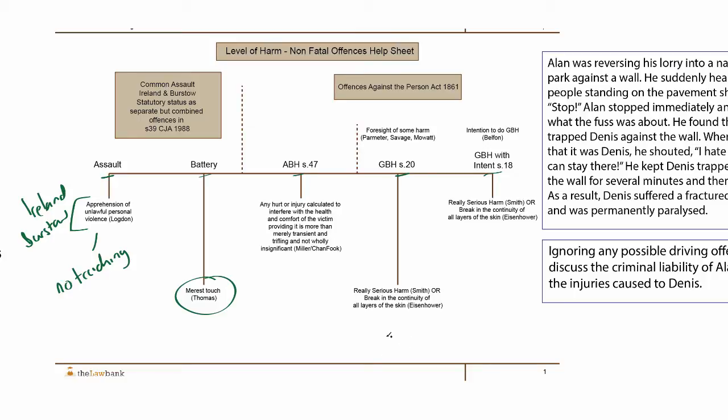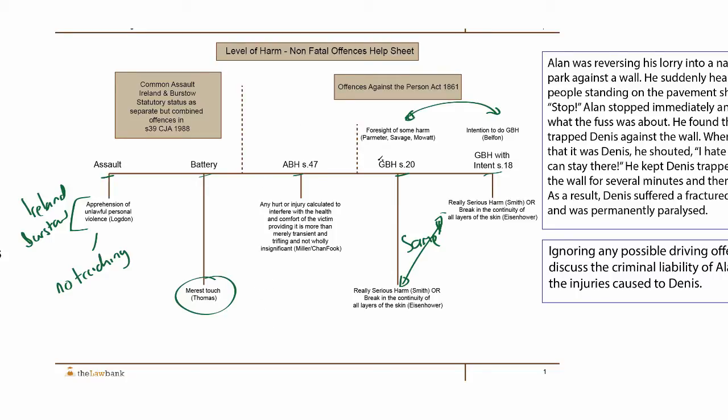Now, the difficulty that you have with GBH section 20 and GBH with intent section 18 is that the level of harm is the same. So these 2 offences are slightly different in that they are distinguished by their mens rea element.